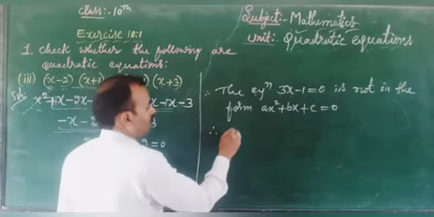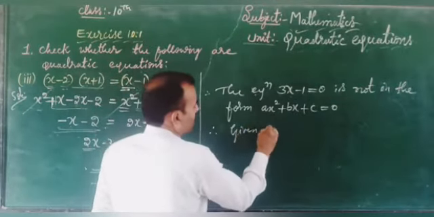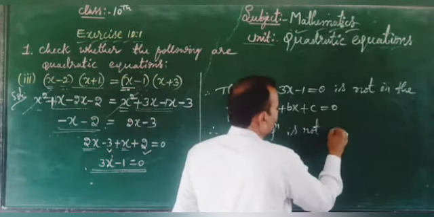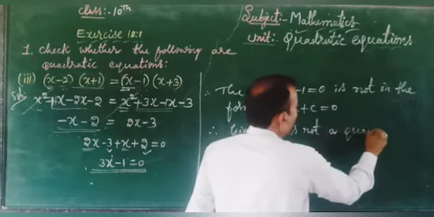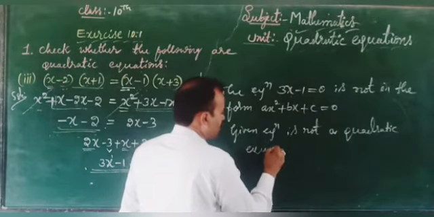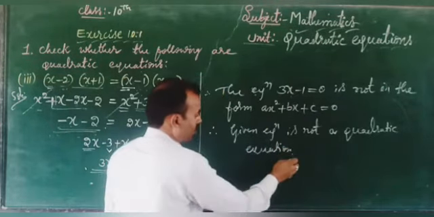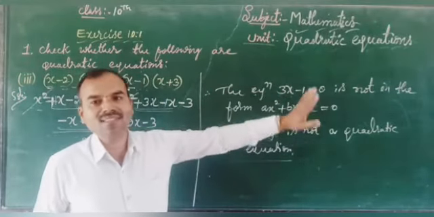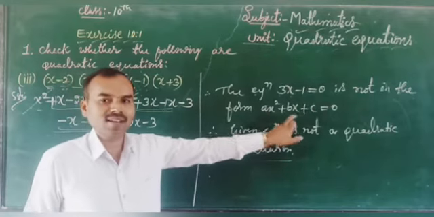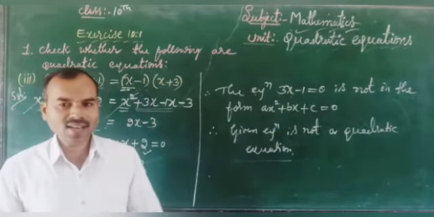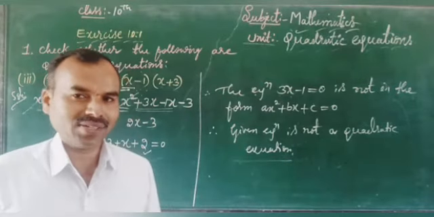Therefore the given equation is not a quadratic equation, because 3x minus 1 equals 0 is not the form of ax square plus bx plus c equals 0.